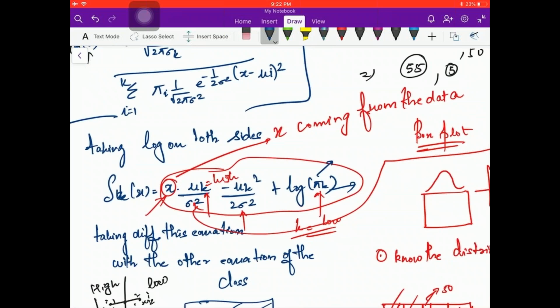Now, what I say is, the x point wherein the probability of y equal to high and the probability of y equal to low are equal, that is my decision boundary.